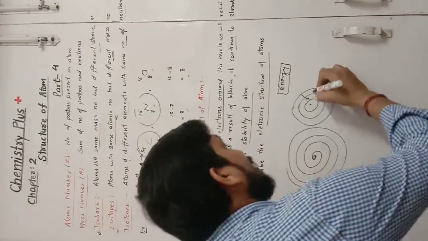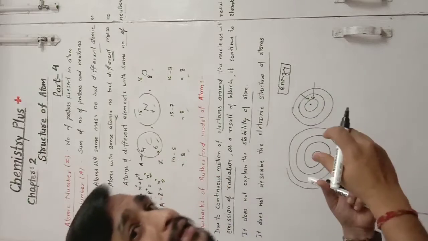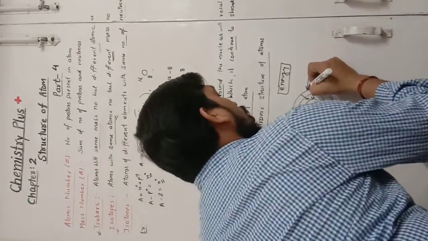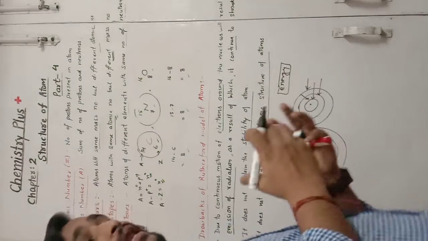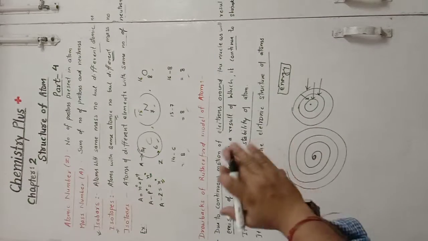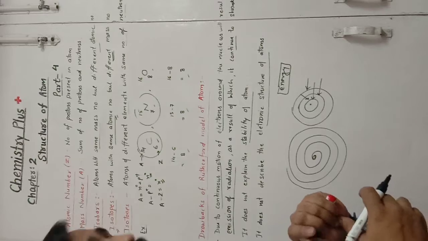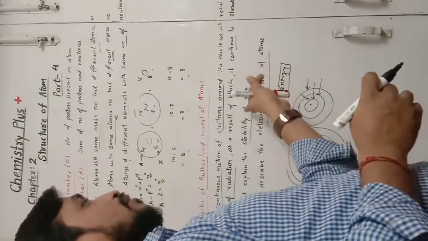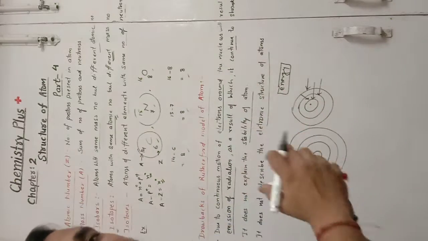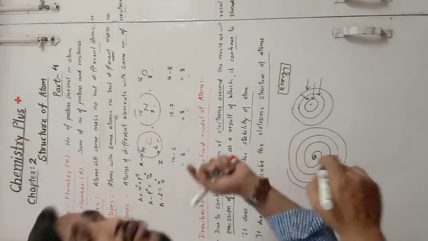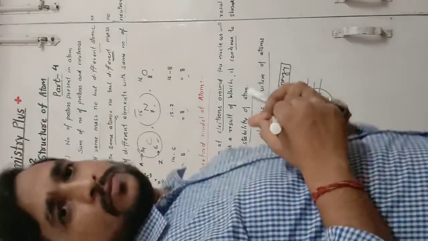It does not tell us how many electrons are present in the first orbit, or in the second orbit, third orbit, and so on. This is not explained by the Rutherford model, and these drawbacks can be cleared by the next model of atom that we will study, that is the Bohr model of atom. So these are the drawbacks of the Rutherford model of atom.